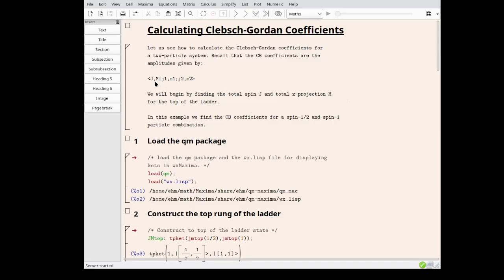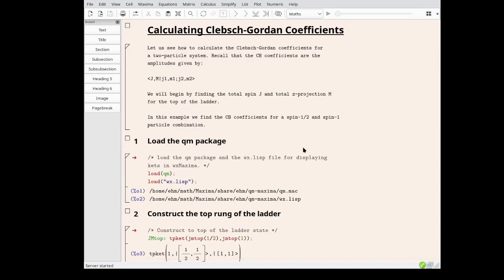By equating those as we step down the ladder, we can compute the Clebsch-Gordan coefficients, which are just the overlap between the total JM state and the tensor product state here.